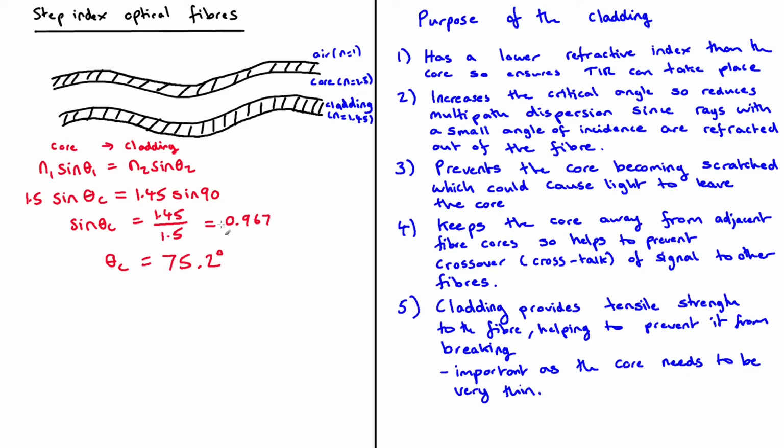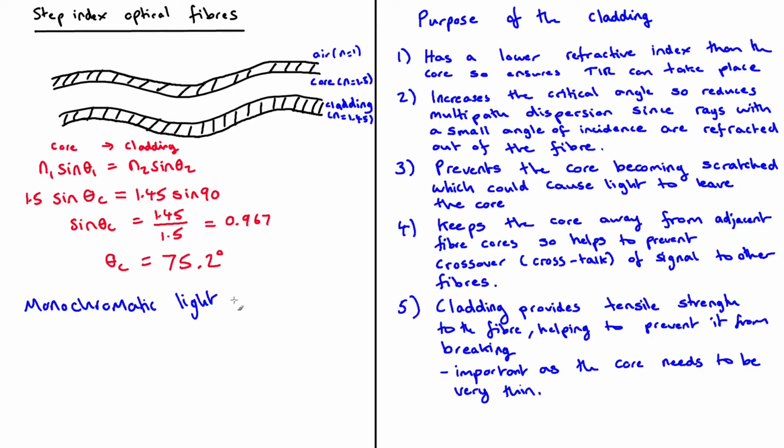Finally, when using an optical fibre, one thing we ought to appreciate is that we really want to be using monochromatic light. Monochromatic light is sent down the optical fibre to send digital signals. What does that mean? Monochromatic means single wavelength, single colour.